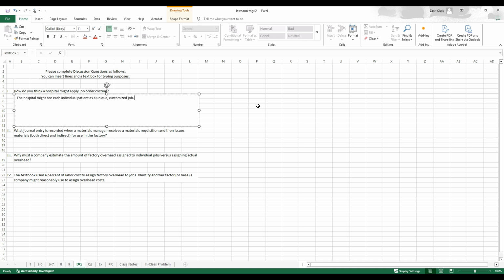patient. And I guess the way you could say that is they can and do track costs associated with each patient separately. And that does happen, right? Because you'll receive a bill with your individual charges on it.